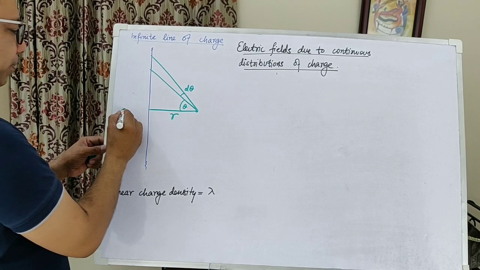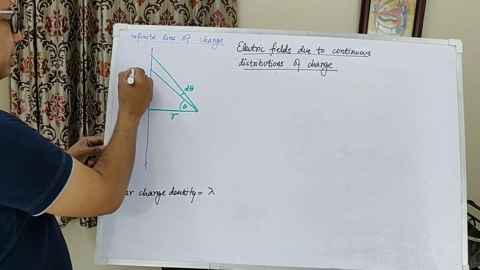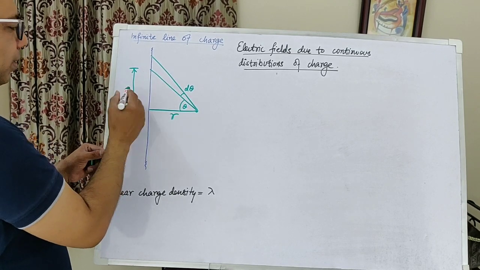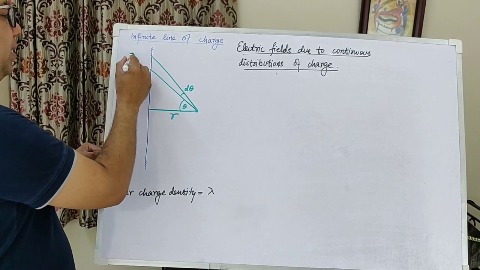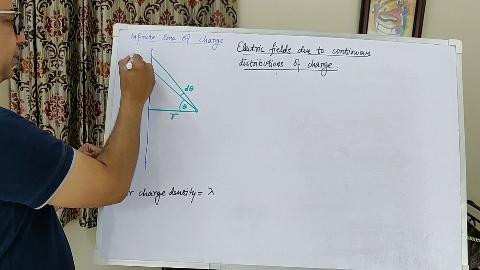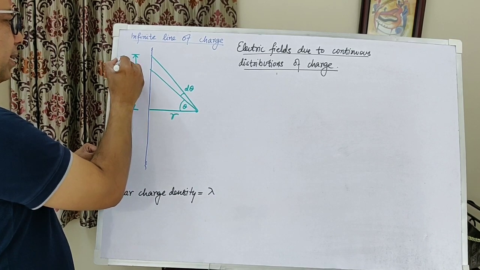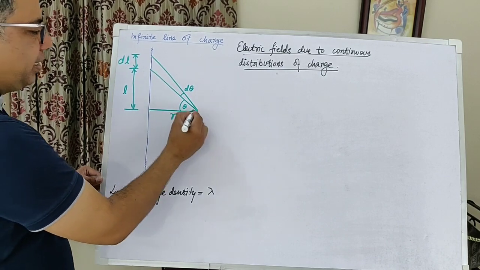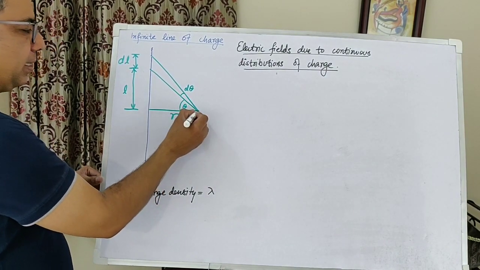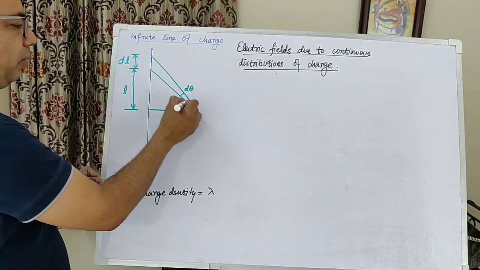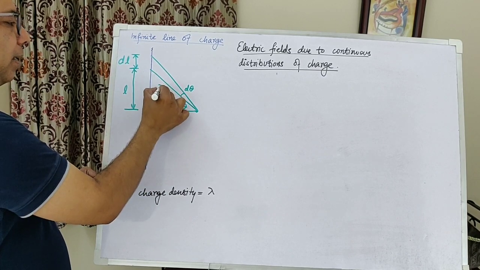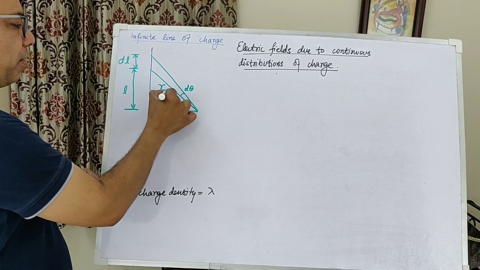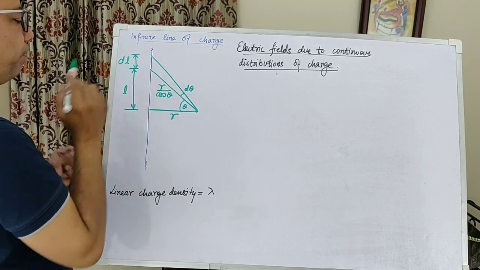Now let's say this distance here is L, then this length here would be dl. If this is r and this is theta, this length would be r by cos theta.